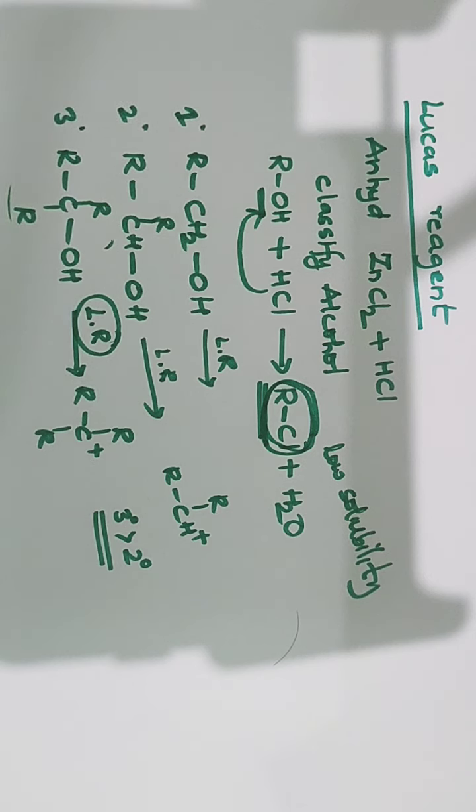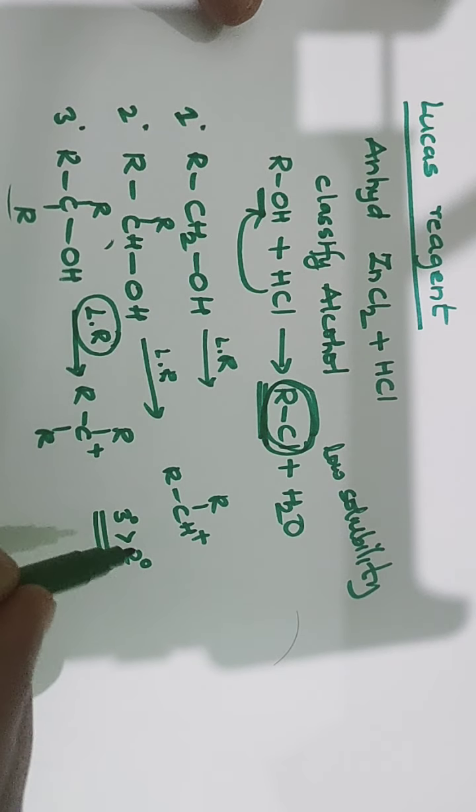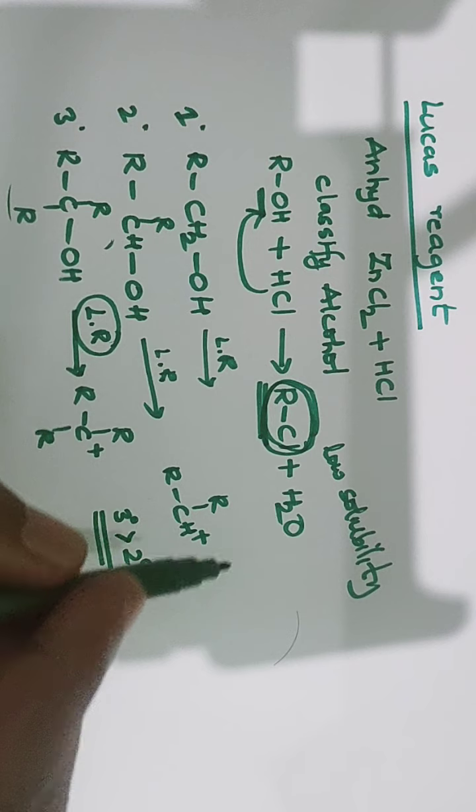The solution develops turbidity in 3 to 5 minutes. So if on adding an alcohol to Lucas reagent the turbidity appears immediately, then that alcohol is a tertiary alcohol. If the turbidity appears after 2 to 5 minutes, then it is a secondary alcohol.